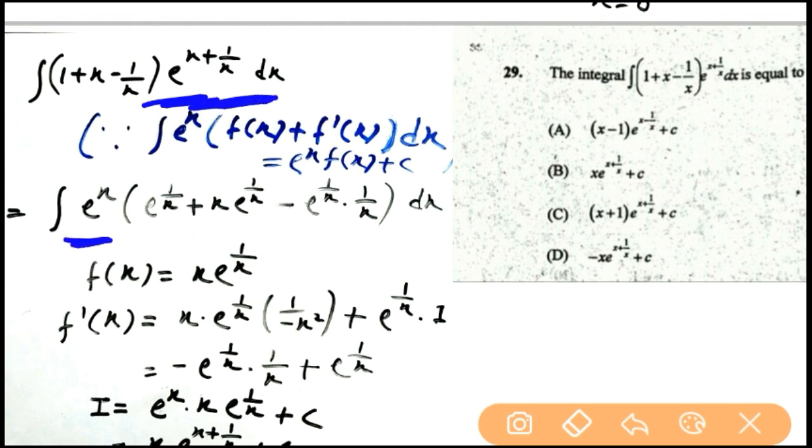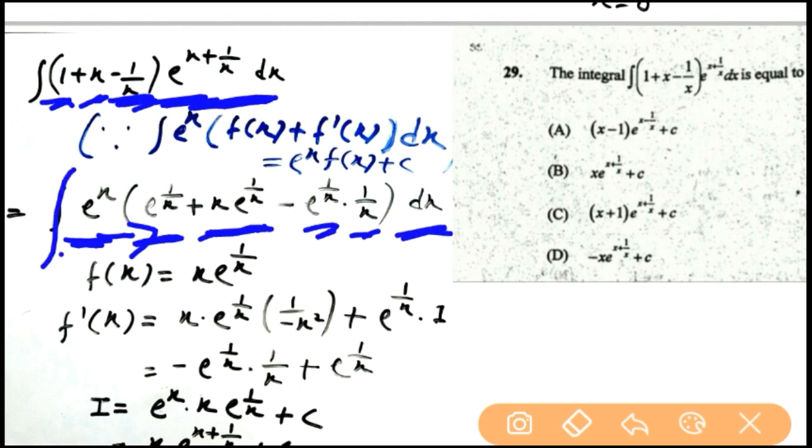So we have e to the power x common. Then by multiplying the e to the power 1 by x inside, we will get e to the power 1 by x plus x into e to the power 1 by x minus 1 by x into e to the power 1 by x, into dx. Its integration.